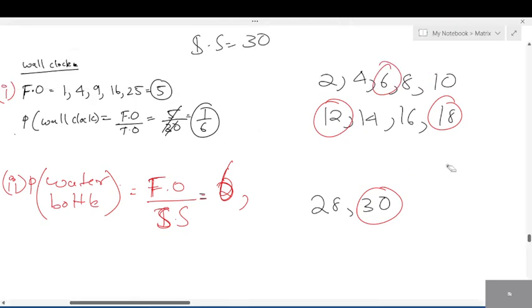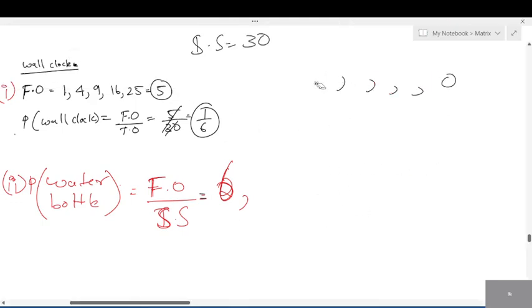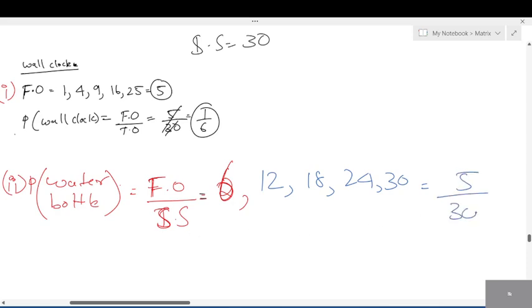Tell me the numbers, Naomi. 6. What you told us, right? 6, 12. Total, how many numbers are there? 5 divided by sample space. What's the answer? Again, 1 by 6.